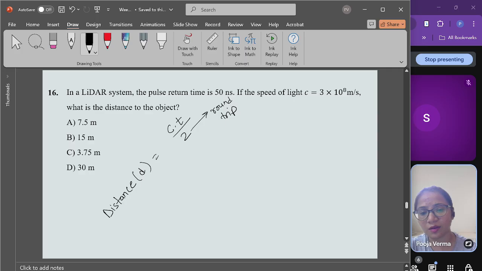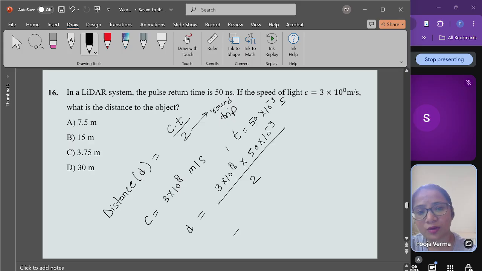Okay, so here c is given already, 3 into 10 to the power 8 meter per second, and t, the pulse return time, is 50 nanosecond, that is 50 into 10 to the power minus 9 second. Then distance d is calculated by c, that is 3 into 10 to the power 8, times t, 50 into 10 to the power minus 9, divided by 2.